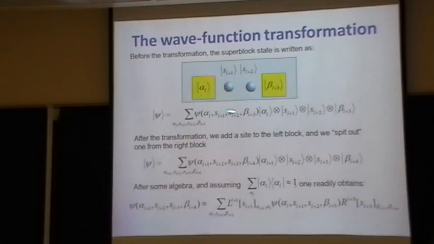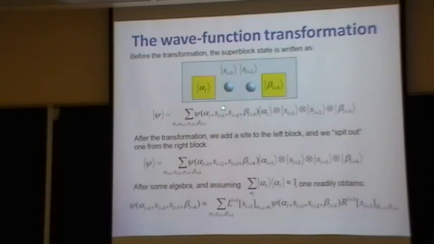But now we can use these matrices R and L to transform the wave function from one step to the next step. And we can use that new wave function as our initial ansatz for the Davidson or Lanczos diagonalization process. So we have our wave function, which is written as a linear combination of states that are written in the tensor product basis of the alpha, the two spins, and the betas.